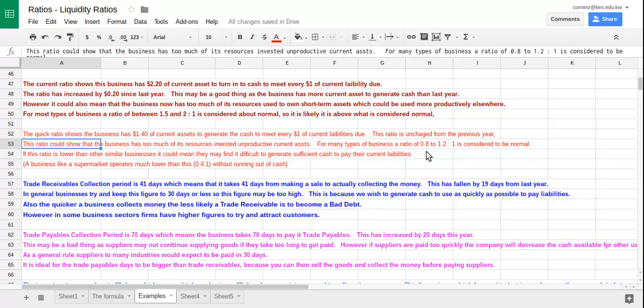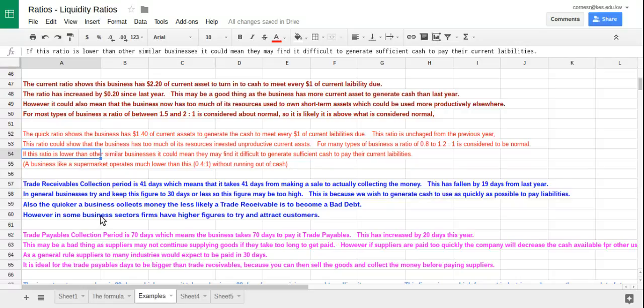It used to be always said that that ratio should be somewhere between 0.8 to 1 and 1.2 to 1. And again, if it's lower than other firms in the same industry, it could mean that the business is going to have problems in the long term generating cash to fund those liabilities.